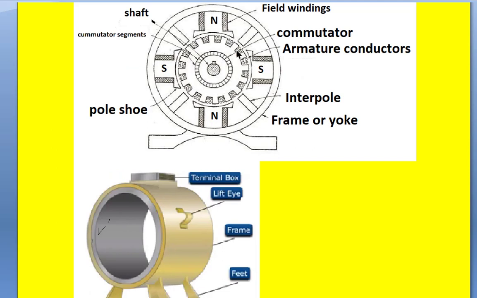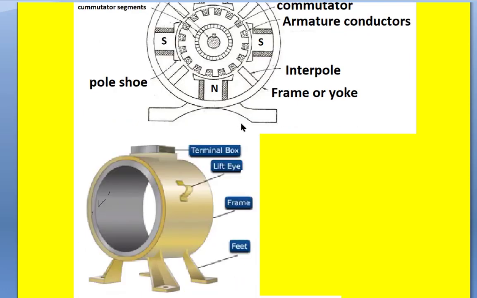So once there is a current flowing in the armature conductors, when there is a magnetic field produced by these main poles and the interpoles, then the armature is bound to experience mechanical force.